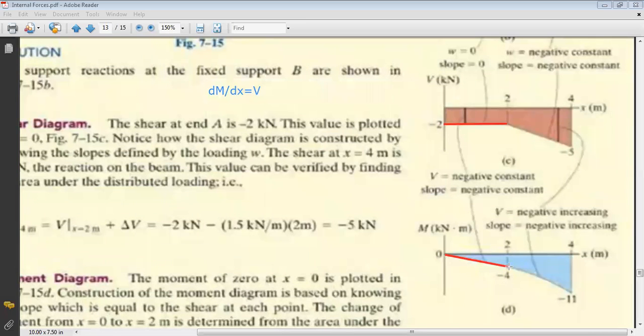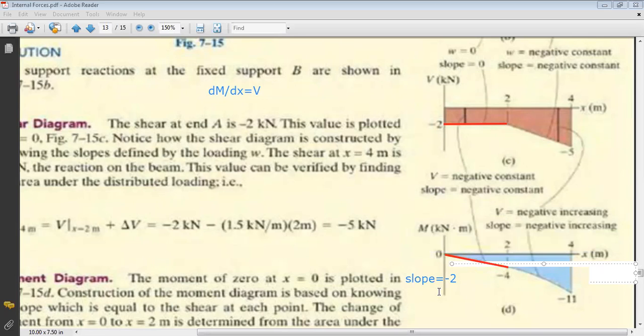This is why here, since V is constant negative, I have M linear decreasing. It will decrease in a linear way, and the slope of decrease is equal to -2, which is the value of the shear. Now, to know how much it will decrease, we do the same procedure we did for the previous case.